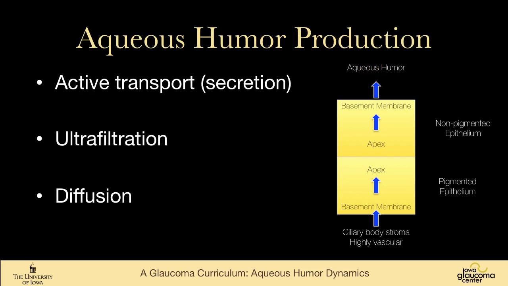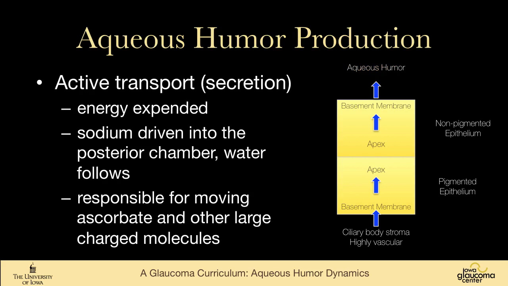There are three basic mechanisms by which this occurs: active transport, ultrafiltration, and diffusion. As the name implies, active transport or secretion requires energy. Sodium is driven into the posterior chamber and water follows. This is also responsible for moving ascorbate and other large charged molecules into the aqueous humor.